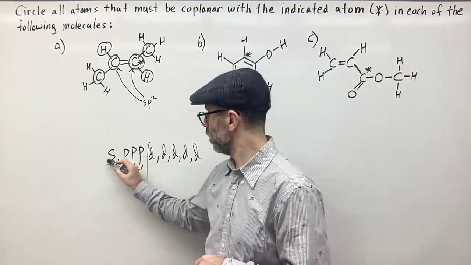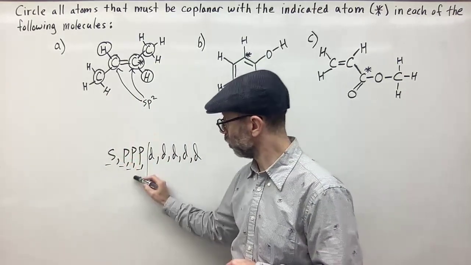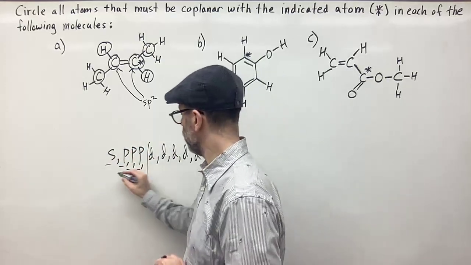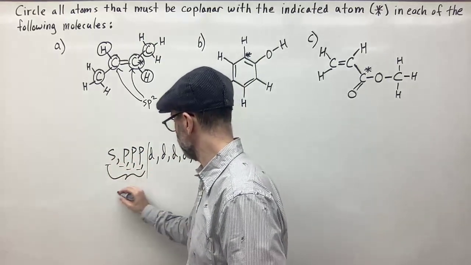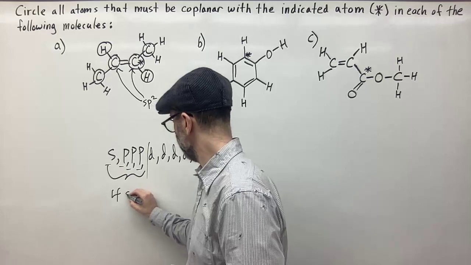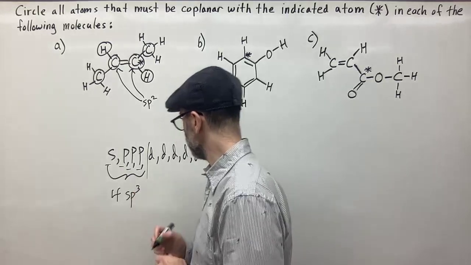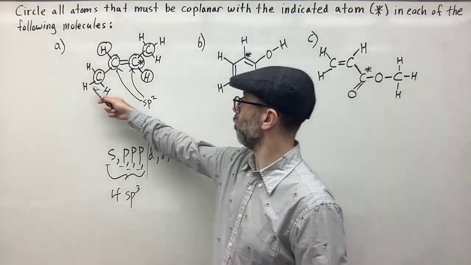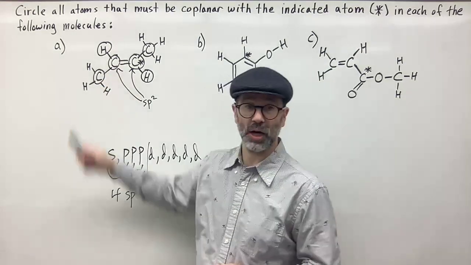So since we need 1, 2, 3, 4 of these atomic orbitals, we're going to hybridize them together, and we're going to get 4 sp3 hybridized orbitals, one for each of the electron groups.